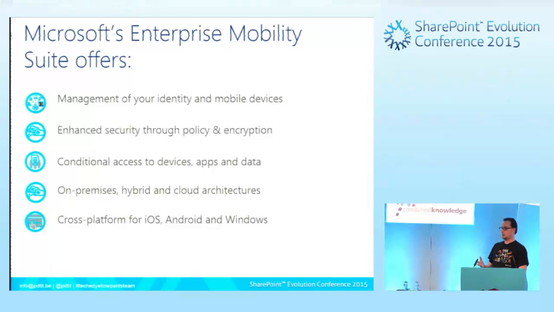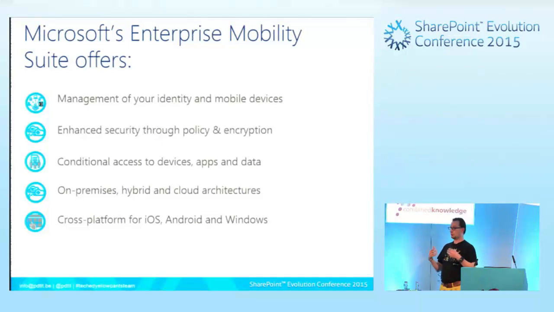Conditional access. You as an organization can define, okay, the mobile device can connect to my backend, and backend can be like any application you can think of. And you as an IT organization, or of course in relation with the users and the business, you define the policies. If my device is not compliant with all the policies that we specify, sorry, my dear user, you cannot connect to Exchange Online.